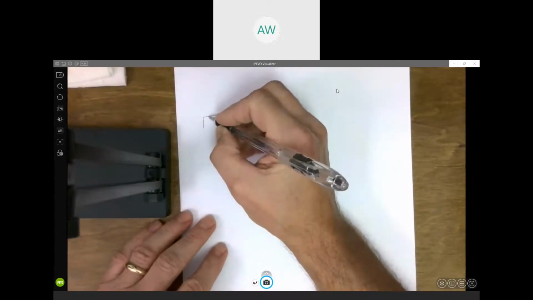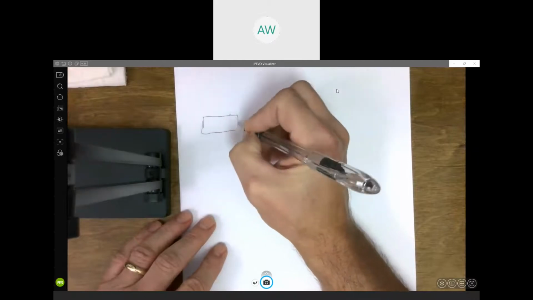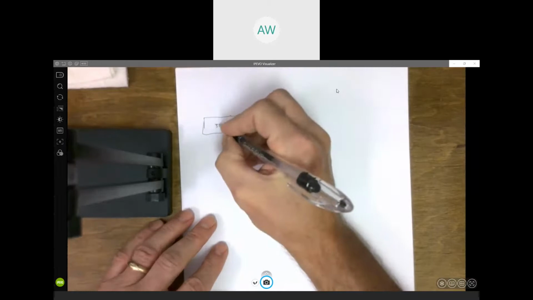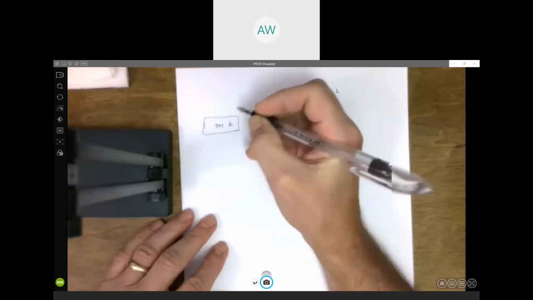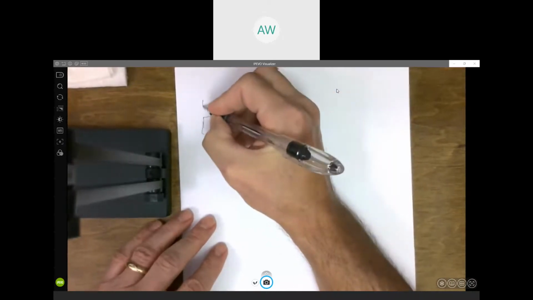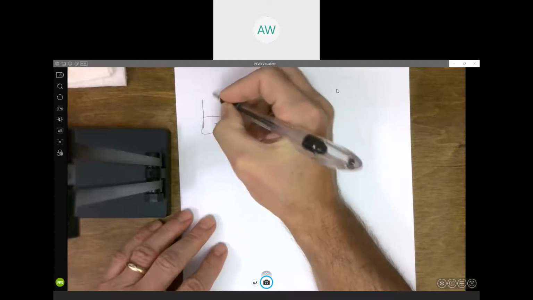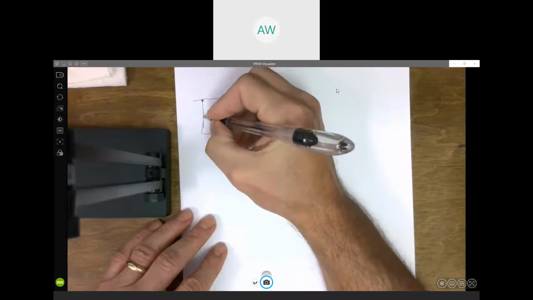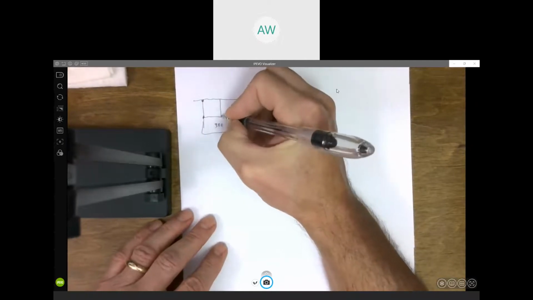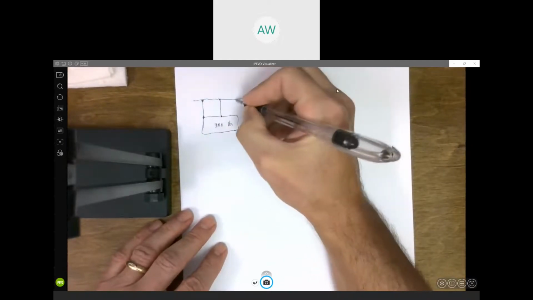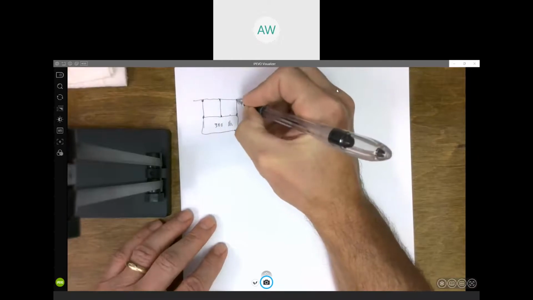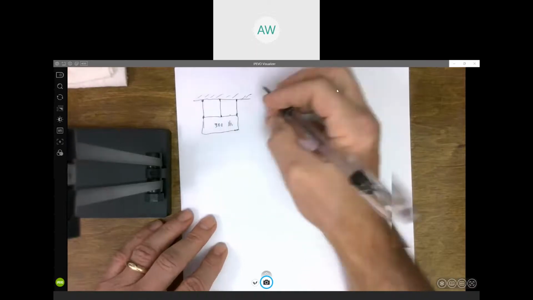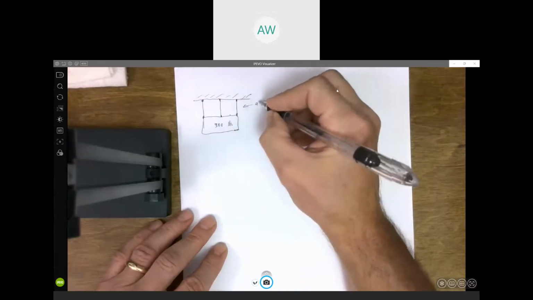Say I've got this. Let's see, we'll make the math easy, something divisible by 3. So I've got a 300-pound block, and this block is attached with 3 cables.